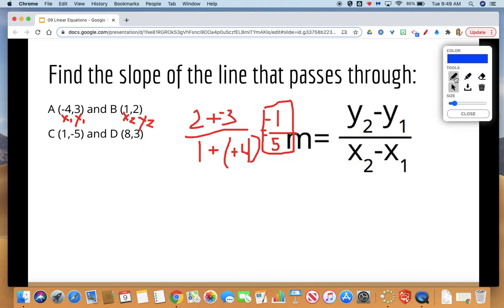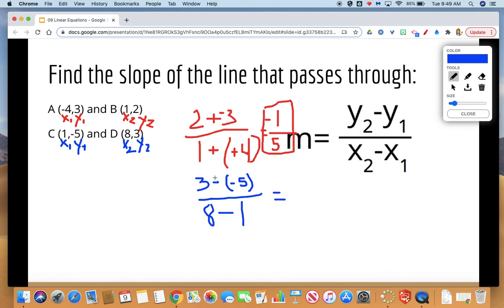All right, you guys, for this one, 1 was our x1, -5 was our y1, 8 was our x2, 3 was our y2. So I plug those in, 3 minus -5 for y2 minus y1 over 8 minus 1 for x2 minus x1.